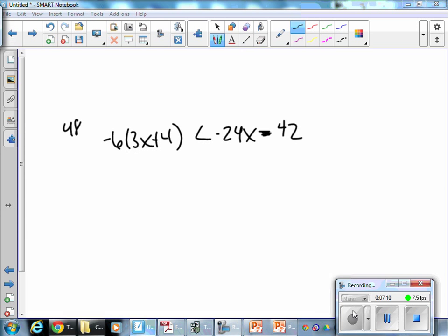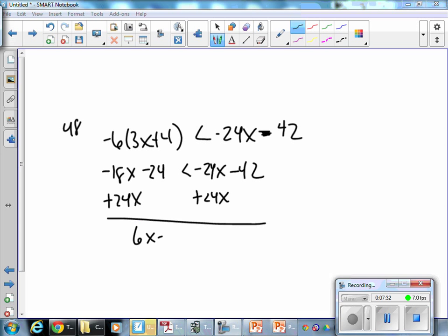Okay, here's another inequality, number 48. Negative 6 times 3x plus 4 is less than negative 24x minus 42. So start by distributing. This would be negative 18x minus 24 is less than negative 24x minus 42. I'm going to add 24x to both sides. So that's 6x minus 24 is less than negative 42.